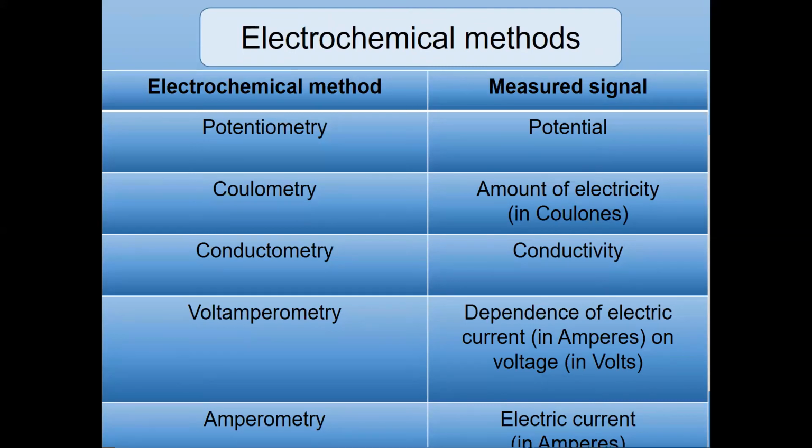You can see electrochemical methods and measured signals. For example, in potentiometry the measured signal is potential. In coulometry the measured signal is the amount of electricity.